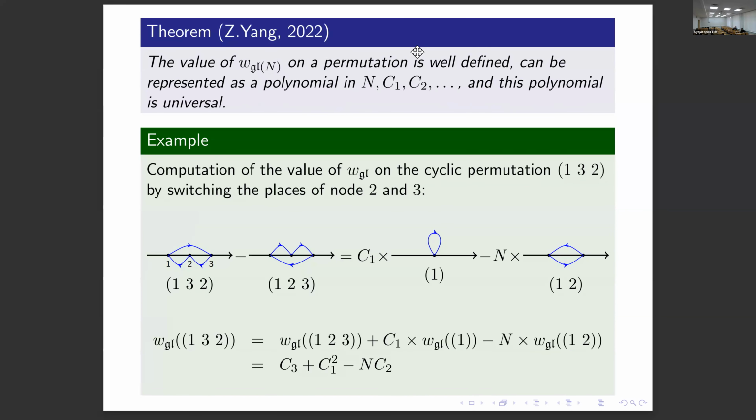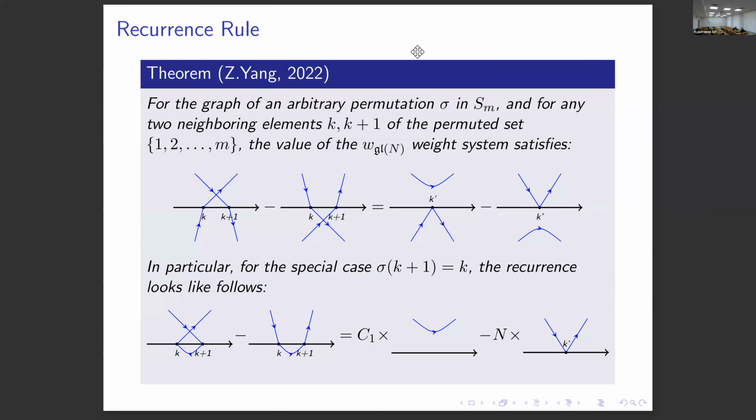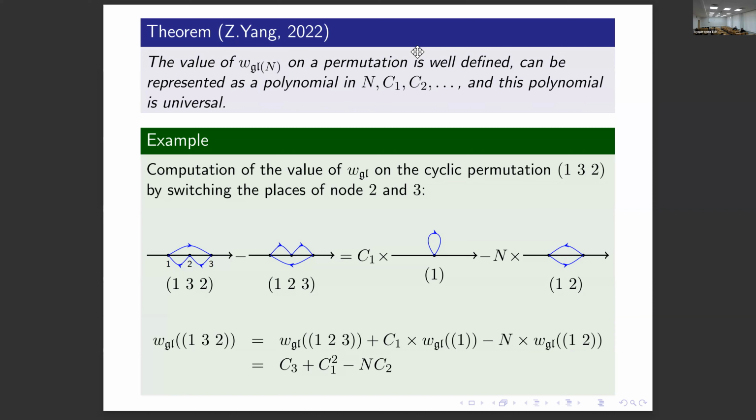Based on this rule, you can get the gl_N weight system of the Casimir elements C1, C2 to C infinity, not restricted to some special number n, which means that we get the universal gl_N weight system of the permutations we defined, and it's a polynomial in the infinitely many variables n, C1, C2, and so on.